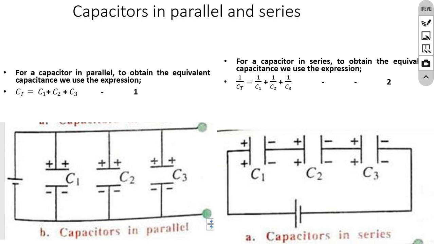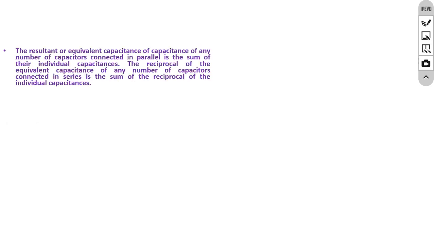We have capacitor being arranged in parallel as it is shown here. You now see that to obtain equivalent capacitance, you have to add all of them together. And in terms of capacitors in series, to obtain equivalent capacitor, you have to consider their reciprocal. Let's move on so we can go ahead and solve some mathematical problems.